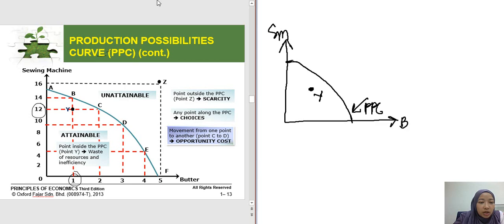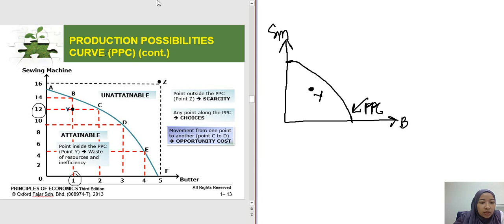Let's say instead of 12 sewing machines, you produce 14 sewing machines, which is point B. That is efficient, because you are considered as using all your resources here. Or you can increase the production of butter to 2000 kg.